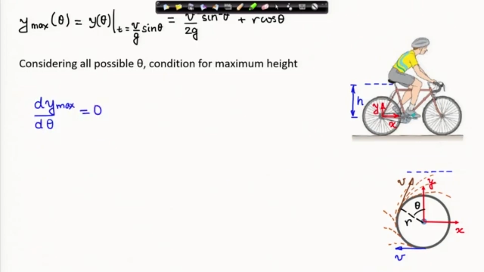So, this will give me that theta location from which the mud particle will reach the maximum height from among all mud particles starting from anywhere on the rim of the wheel. And if you do this derivative and put it to 0, you get cos theta star. So, this is the very special theta star from where the particle reaches the maximum height, and it is given by gr by v square.